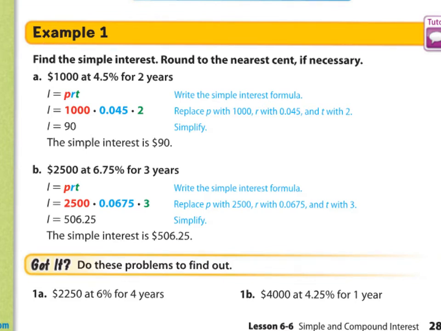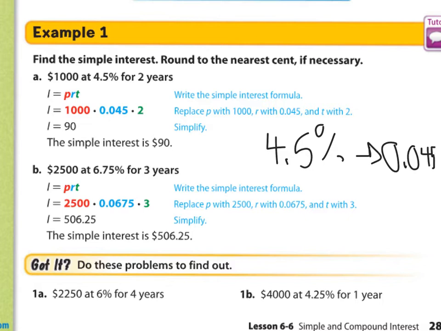Okay, example 1. Find the simple interest, round to the nearest cent, if necessary. So we have $1,000. That's our principal. That's the first amount of money. It's at 4.5%. 4.5% is written as, well, we have to divide it by 100, so it would become 0.045.